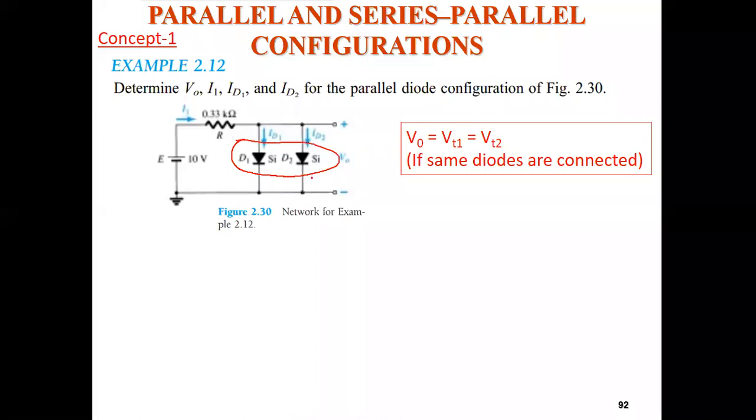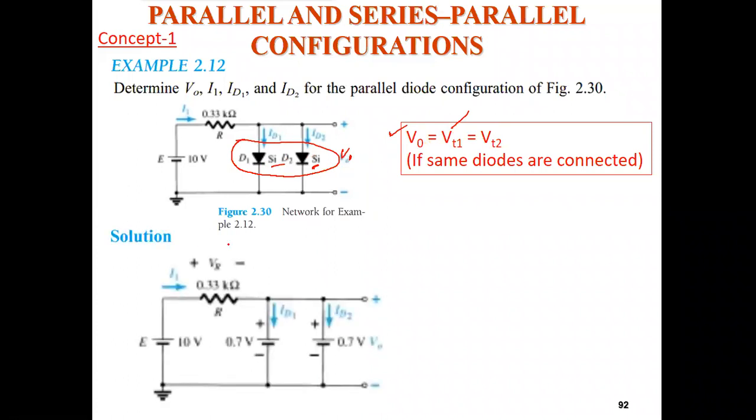Just remember this: if both the diodes are the same, silicon diode here and silicon diode there, then the net V0 will be equal to the threshold voltage of any one, because both are the same. So if both are silicon, this will consume 0.7 and this will also consume 0.7, so your final V0 will be equal to 0.7, okay.